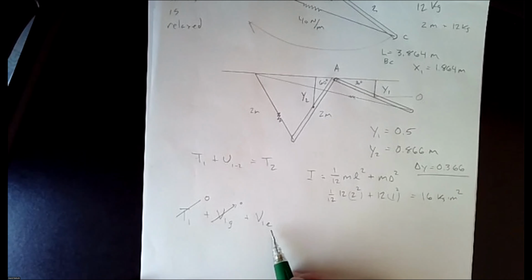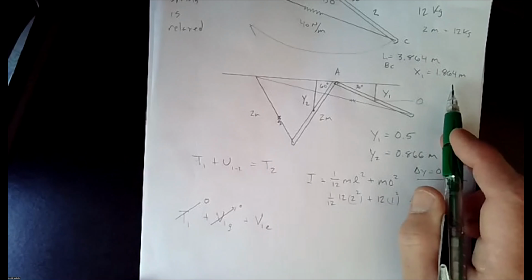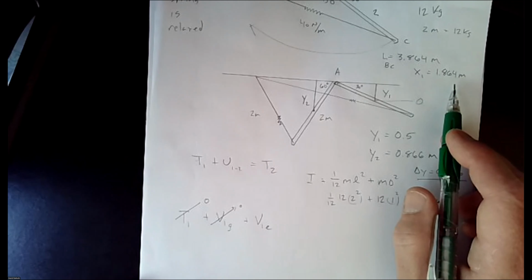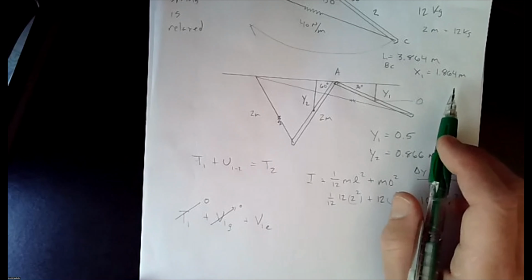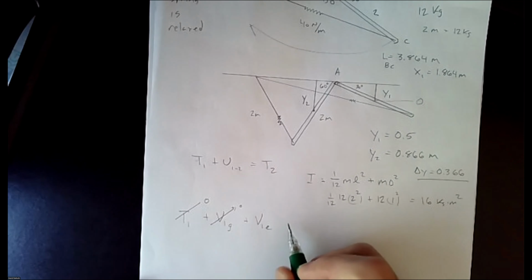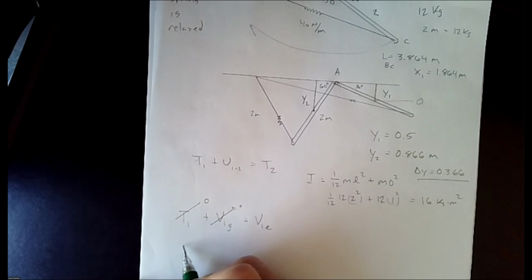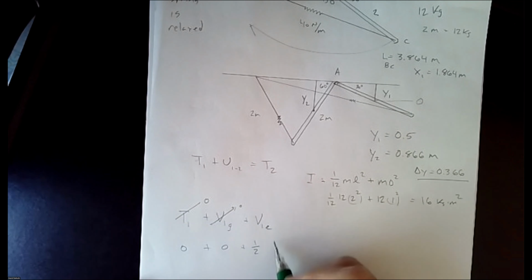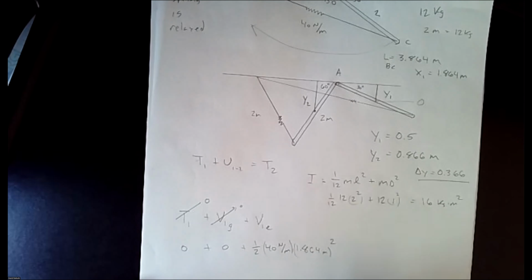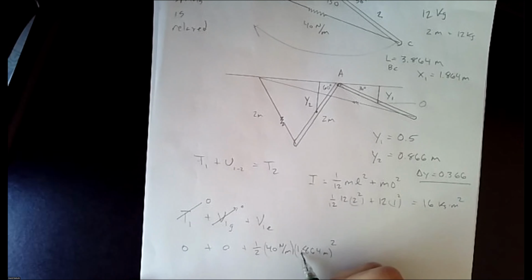Well, we do have that, because we know that our spring is stretched 1.864. So we know that's going to be 1/2. So 0 plus 0 plus 1/2 times 40 newtons per meter times 1.864 meters squared. Okay. So there's my elastic energy. All right.